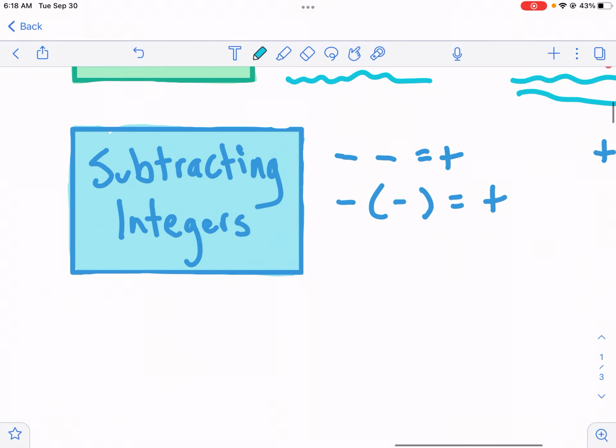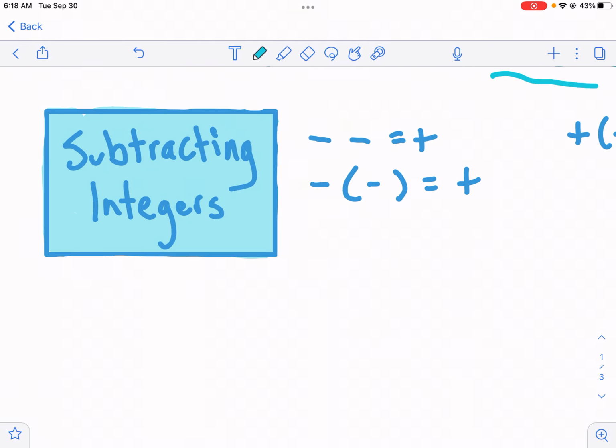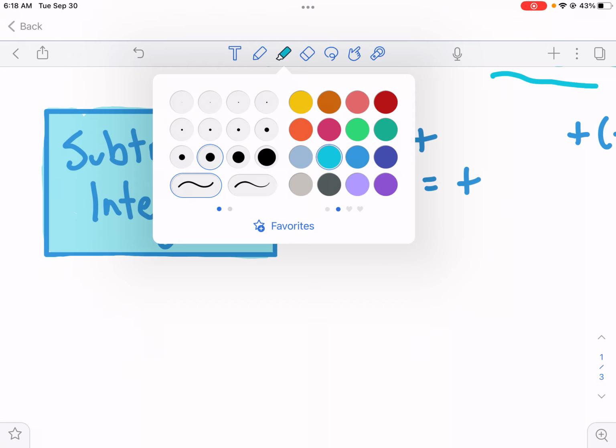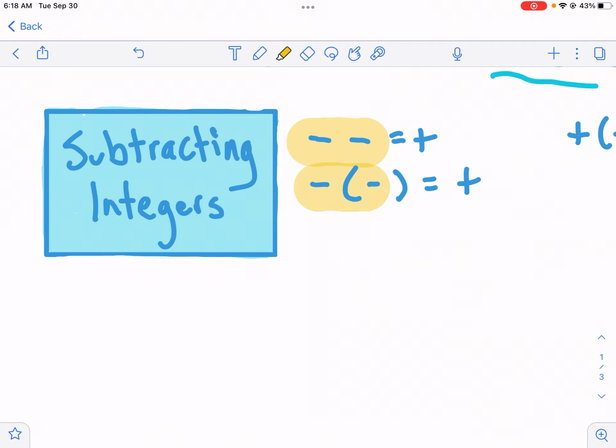The last thing you need to know with subtracting integers is anytime you see this situation where we have two negatives right next to each other, that really means positive. So think of it this way: minus is take away, and then negative. So if you take away a negative, what do you have? You have a positive.